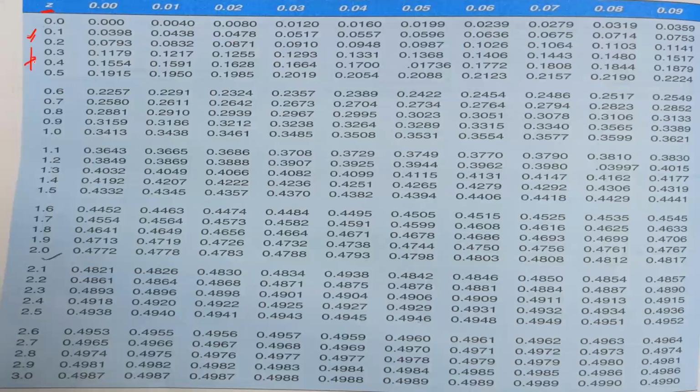Similarly, say z is equal to 1.67. So what is the probability value of that?